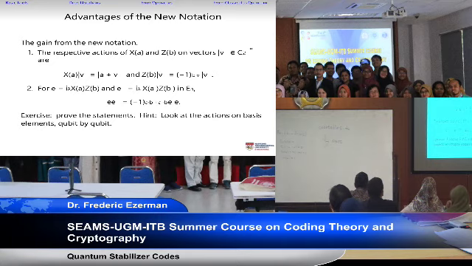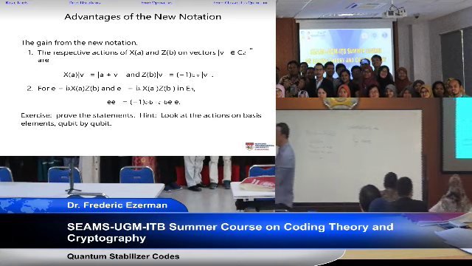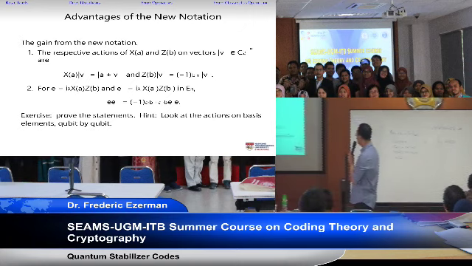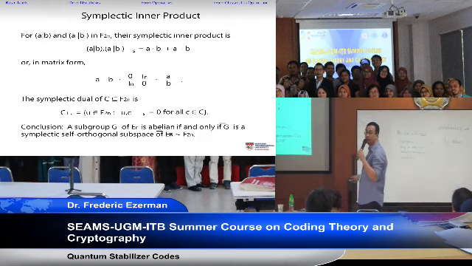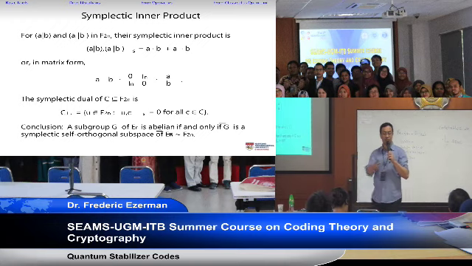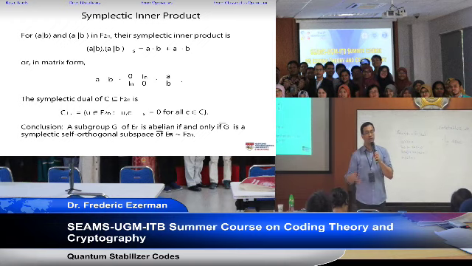So I have two of them. Remember, one represents one error operator, the other one another error operator in this language. And then you just take the symplectic inner product. You can also write it in matrix form. And of course, if it is a valid inner product, you can test that, and you can define the dual.